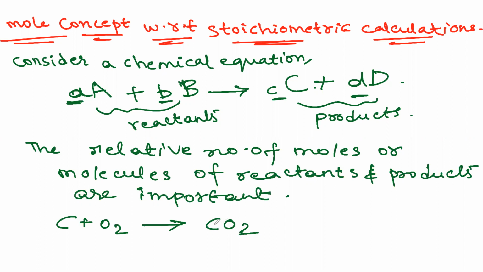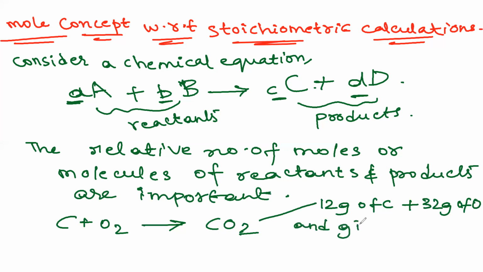We can apply mole concept to this equation. 12 grams of carbon combines with 32 grams of oxygen and gives 44 grams of carbon dioxide gas. So this is called weight relationship for reactants and products.